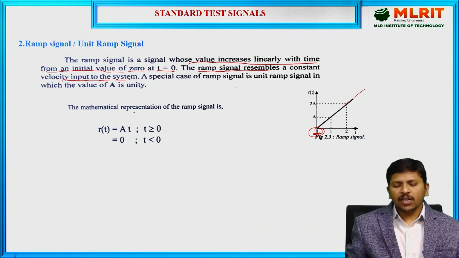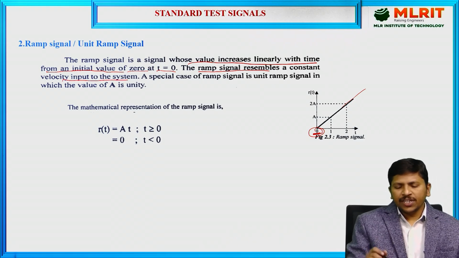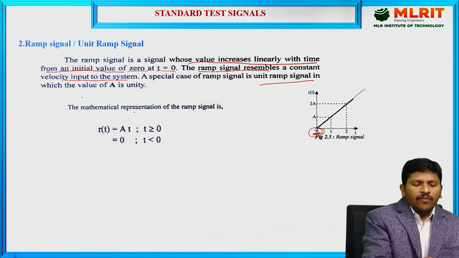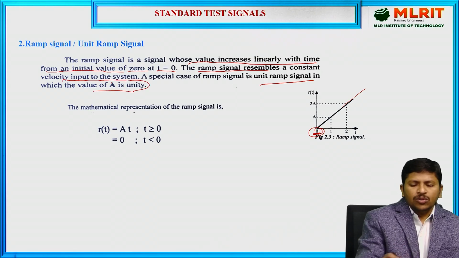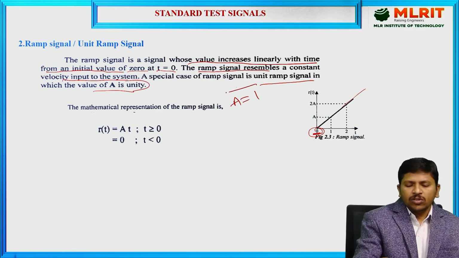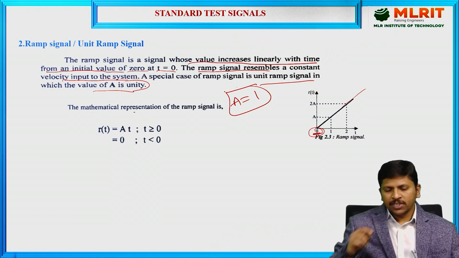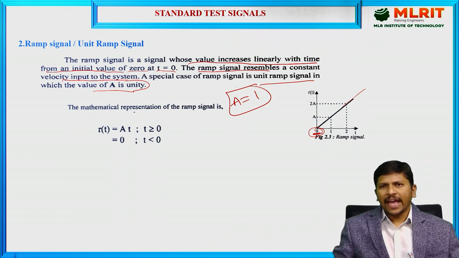A special case of the ramp signal is the unit ramp signal, when A equals unity.